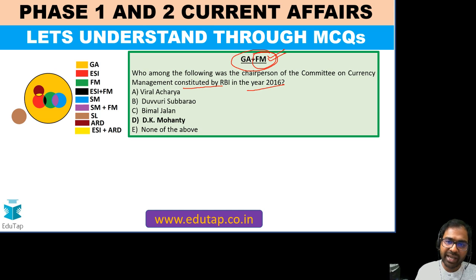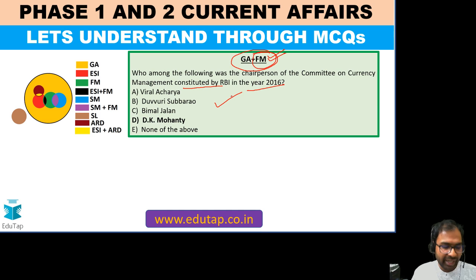Finance, not management section, but the paper is one, finance and management. Which syllabus topic is this question related to? Tell me the exact topic in finance and management based on which this question is asked.